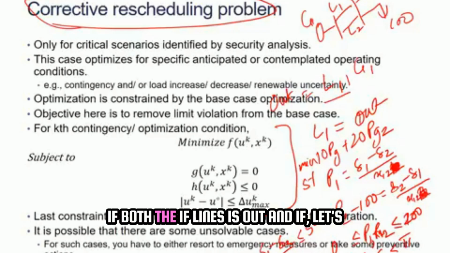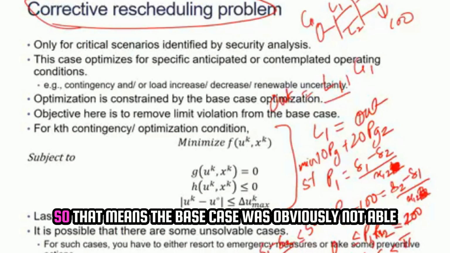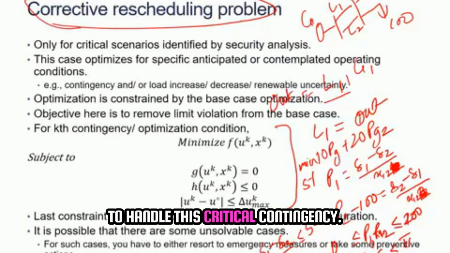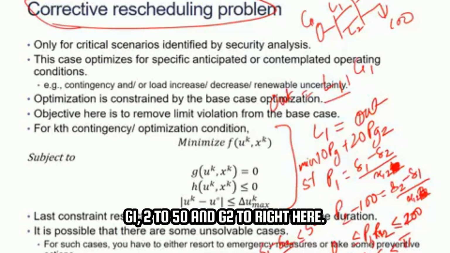If the line is out and you see that the solutions of PG1 and PG2 change, that means the base case was obviously not able to handle this critical contingency. So in the corrective action, you need to change G1 to 50 and G2 to 50.